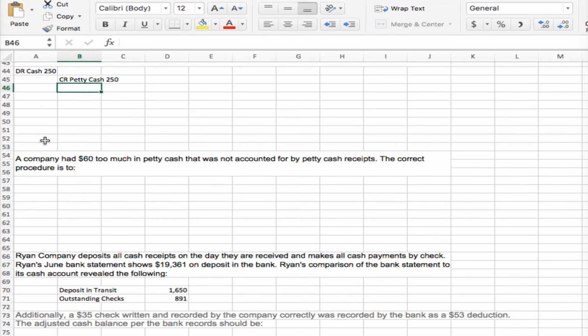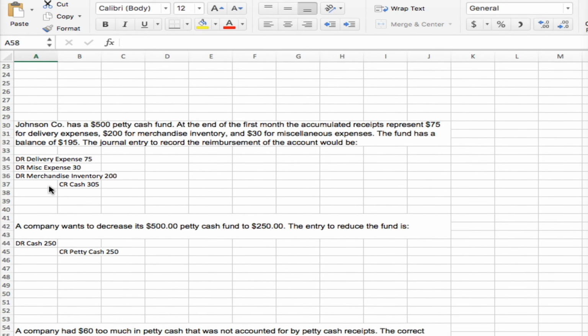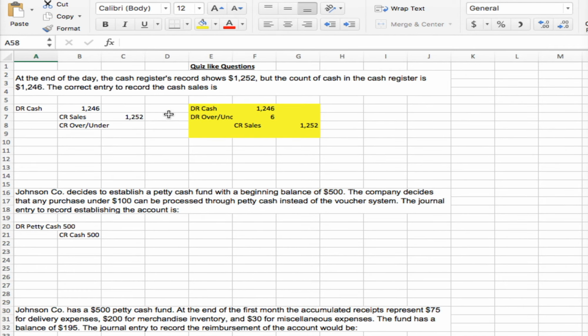Okay, next, a company has $60 too much in petty cash that was not accounted for by petty cash receipts. What is the correct procedure to basically reconcile this? Okay, well, if we have too much cash, we're basically going back up to this up here.